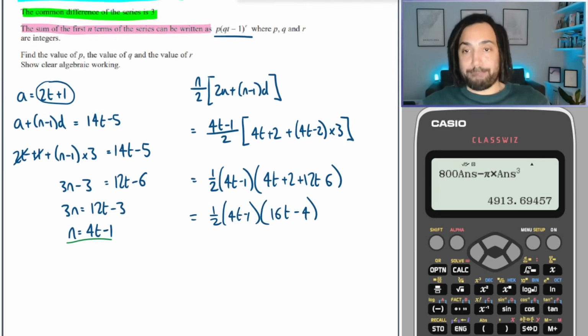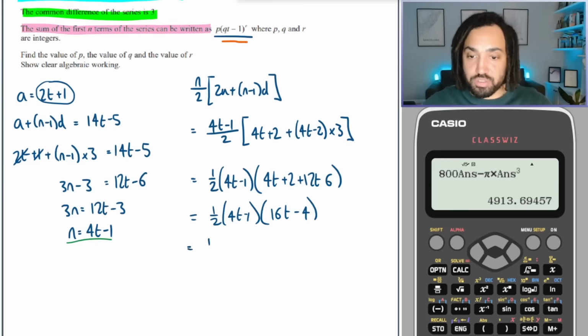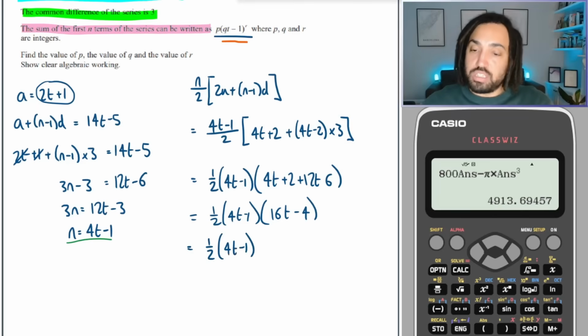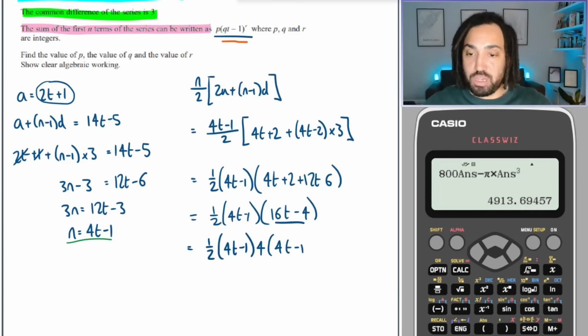Okay, right, I'm looking at what they want it in, and it's p(qt minus 1) to the power of r. So I'd almost want to have 2 lots of this 4t minus 1. That would be really helpful. So what I could do is factorize this one here. I could take out a 4, and that would be 4t minus 1.